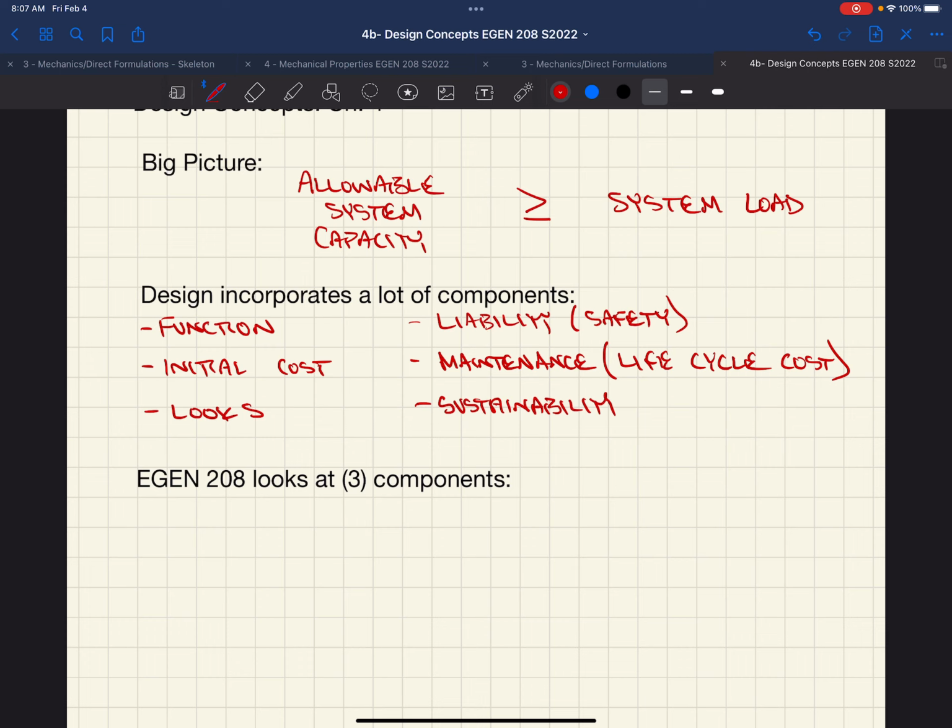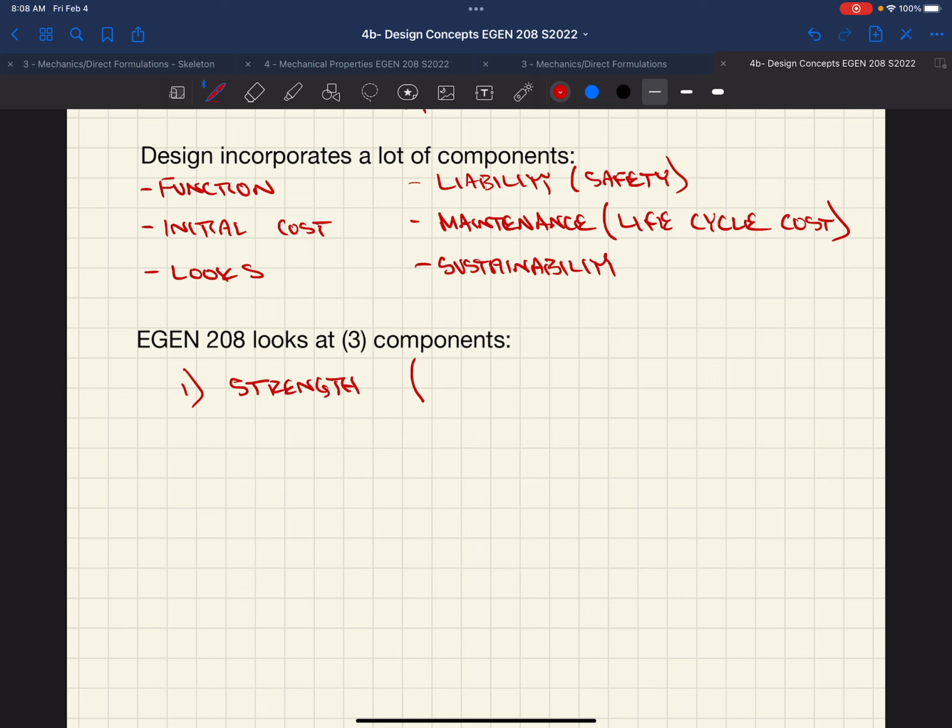So we think about a lot of things when we're designing a component, not just what we're talking about in our class. In this class, though, we do look at three components. There's the big one, function. And as it relates to materials, we want to make sure we have adequate strength.